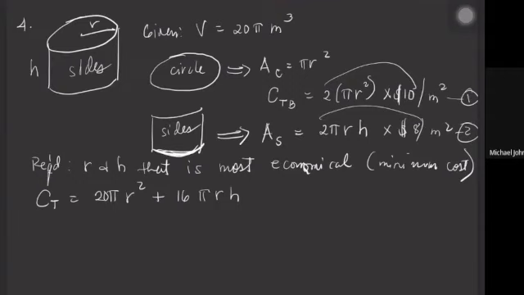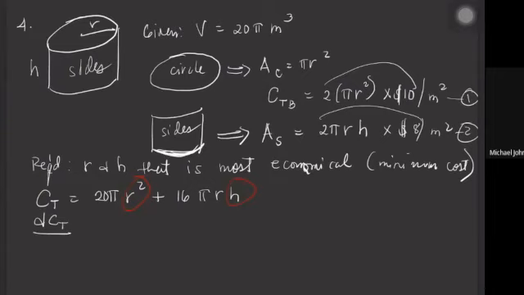Now, we have two variables. What should be our independent variable, h or r? Because we are going to derive our cost in terms of that chosen independent variable.